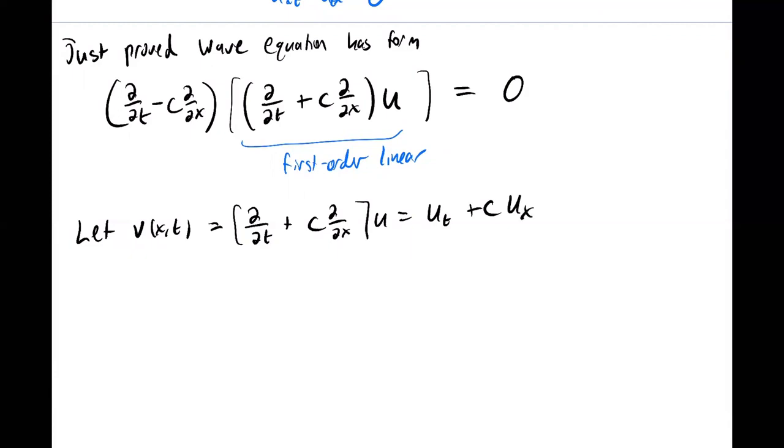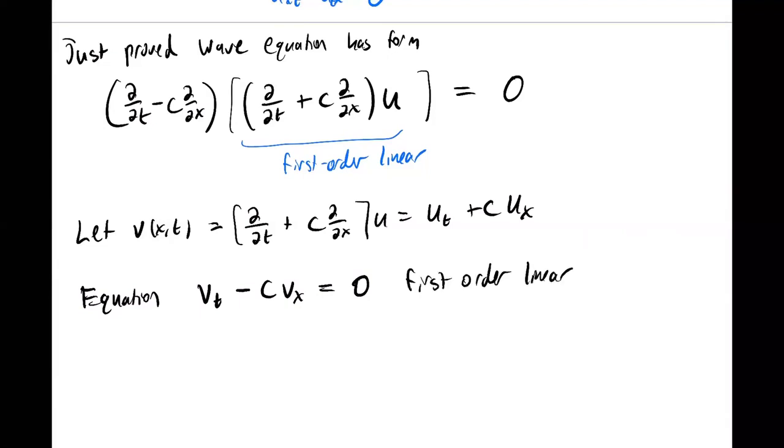And so the equation above is just, if I plug in v here, I get vt minus c times vx is equal to 0. And this is indeed a first order linear equation.